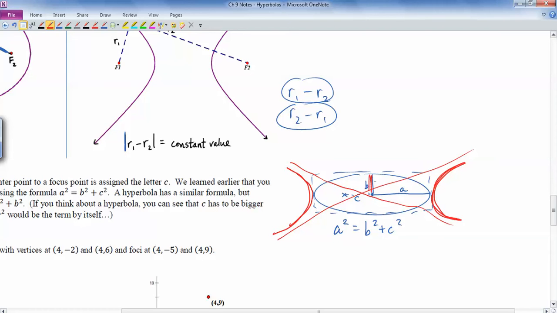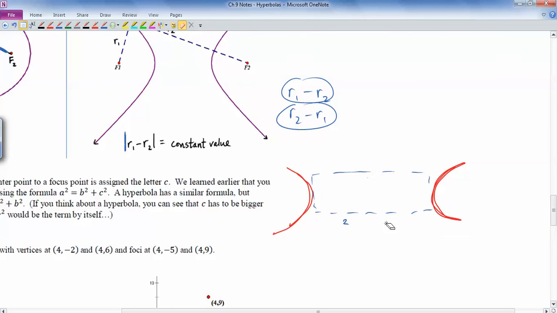Well, the A and the B are exactly the same thing for a hyperbola. Sorry, let me get the ellipse back here. So there's our ellipse. Here are the asymptotes. And A and B are still the same thing. This is still A. This is still B.